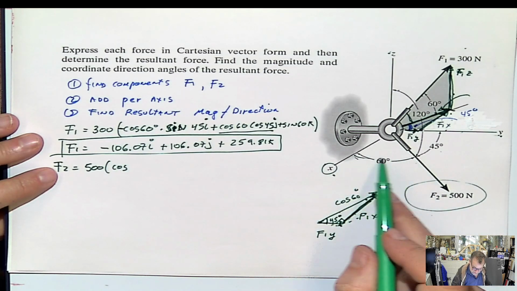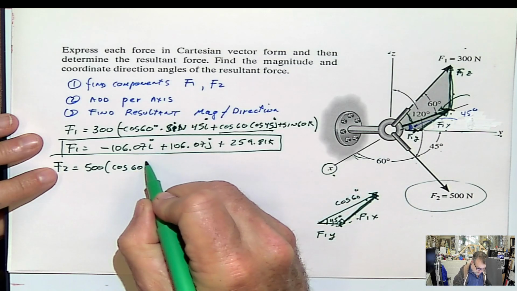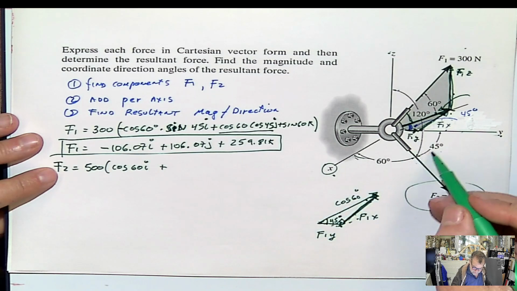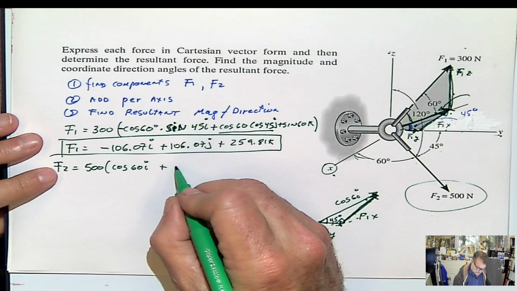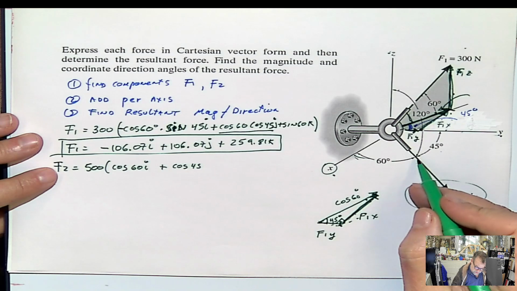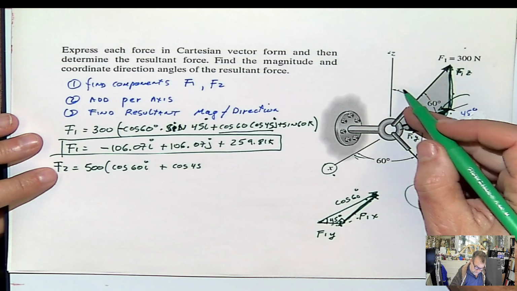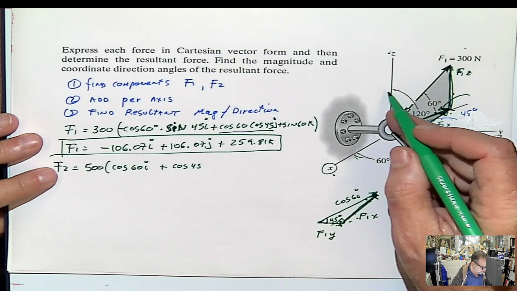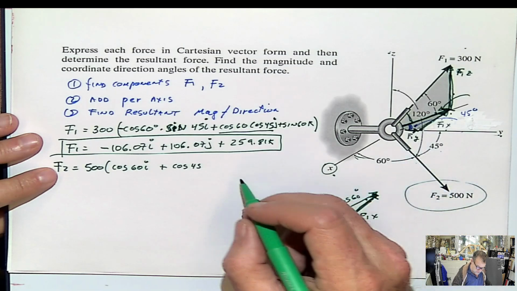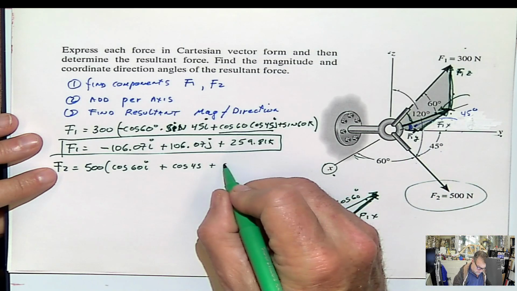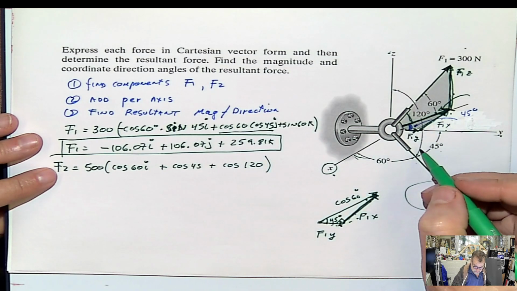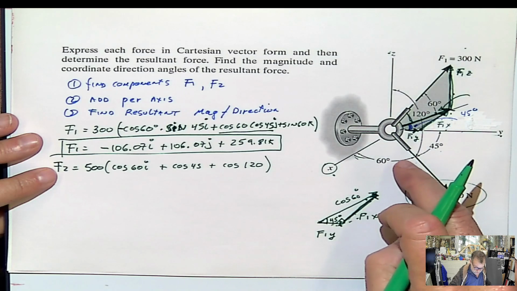Remember, alpha is with the x-axis, cosine 60 in the i direction, plus cosine beta, which is 45 with the y-axis, plus cosine gamma. Now this angle gamma is 120, and it's already telling me that it's pointing downward. When I calculate the cosine, you're going to see that.